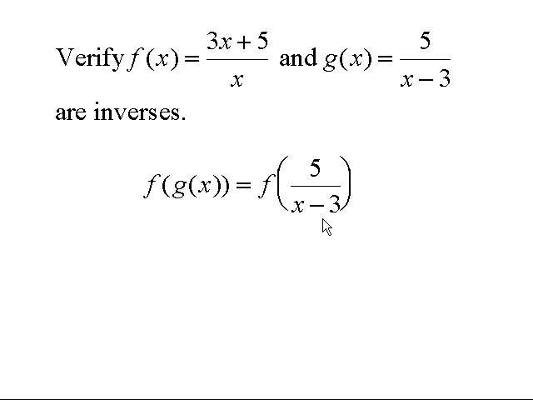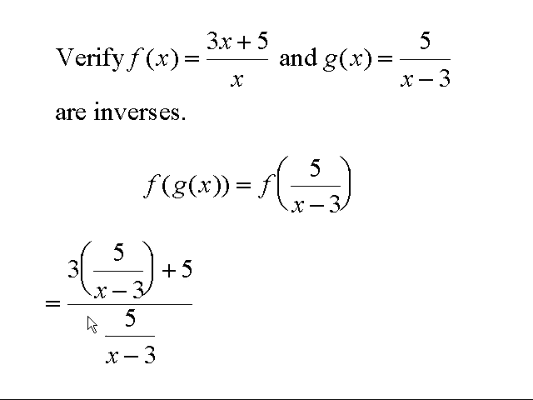Well, f of x is a fraction with 3 times the argument plus 5 on top and the argument on the bottom. So let's do that. 3 times the argument, 5 over x minus 3, plus 5 on top, 5 over x minus 3 on the bottom. We can simplify that by finding a common denominator, multiplying top and bottom by x minus 3.